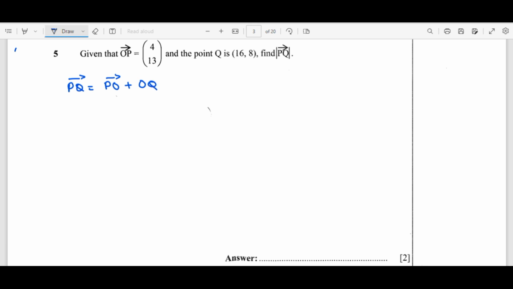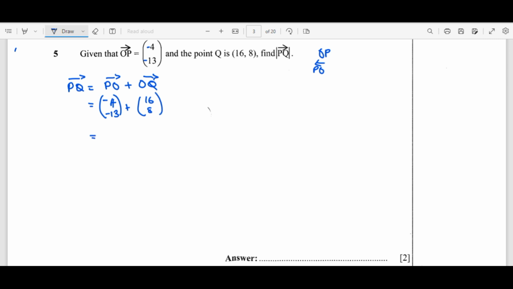They've given us OP, but what we have is PO, meaning the direction has changed, so we introduce negatives there. So we have negative (4, 13) plus OQ, which is (16, 8).